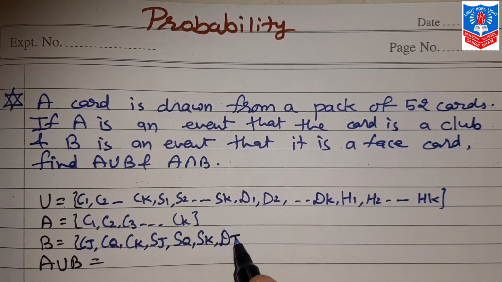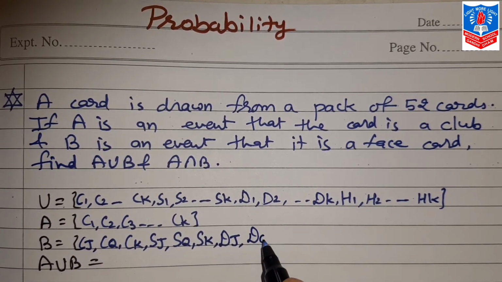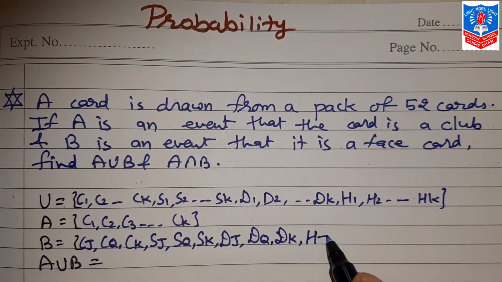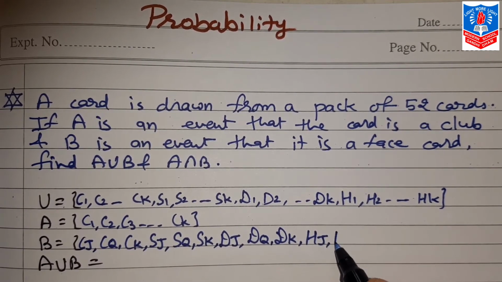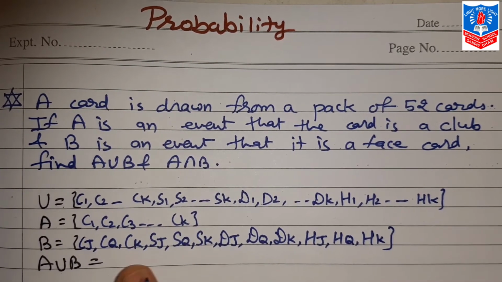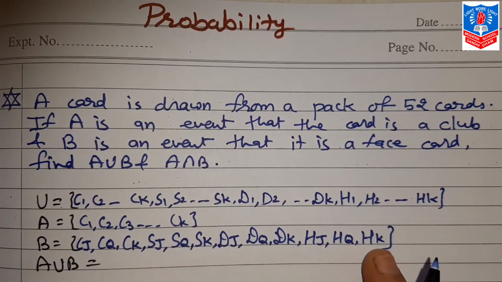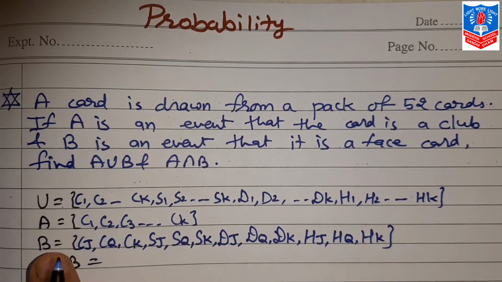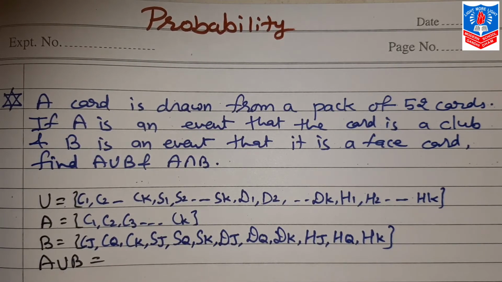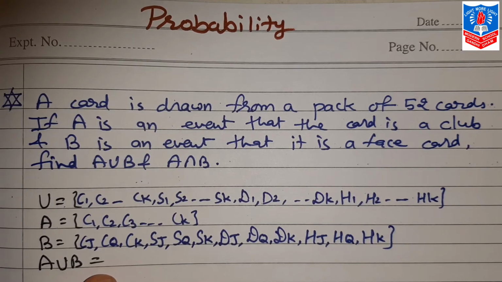Same way of diamond Jack, diamond Queen and diamond King. And finally heart Jack, heart Queen and heart King. This way total 12 face cards, that is event B. Now we are supposed to find A union B and A intersection B. Now how we find A union B?